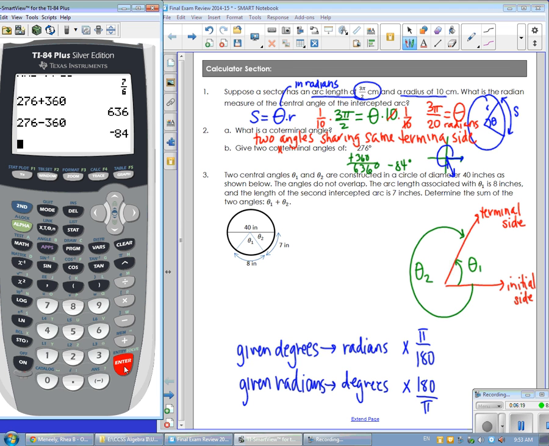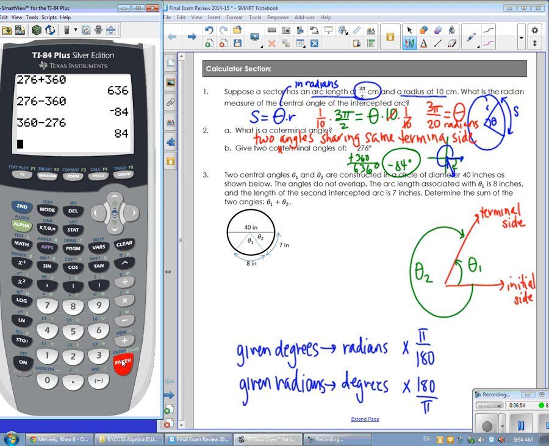So another way to do it would be to figure out what this angle is here, which is basically going to be 360 minus 276. And so that would be a negative 84 degree angle. So that's where this negative 84 degree angle comes from. So that's going to be your coterminal angle. And then obviously you can do any variation of that. Adding 360, subtracting 360, and they're all going to be coterminal.